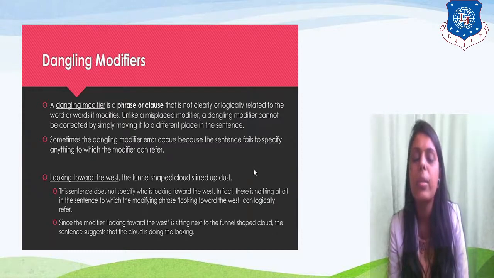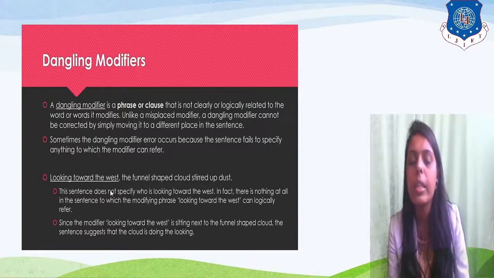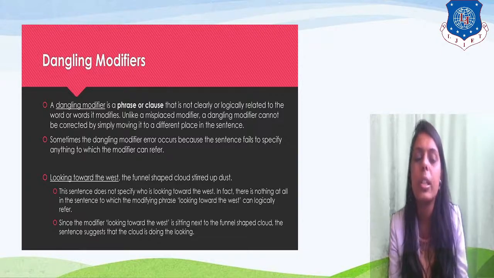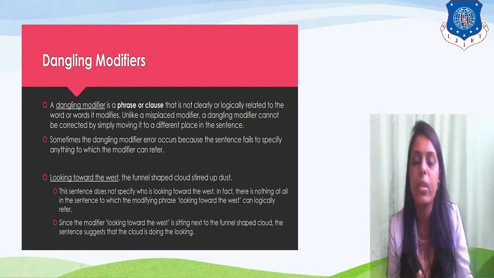So a dangling modifier is a phrase or a clause that is not clearly or logically related to the word it modifies. They are illogically related to each other, as here, where the cloud is looking to the west. Is it possible? No, but still dangling modifiers are utilized, right?